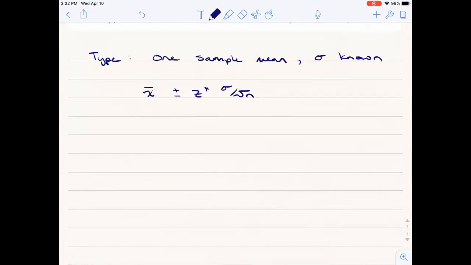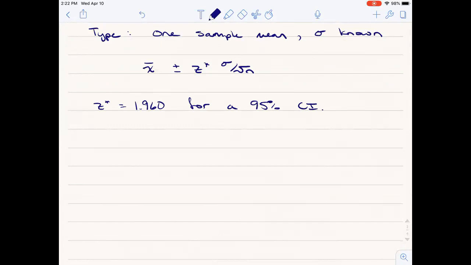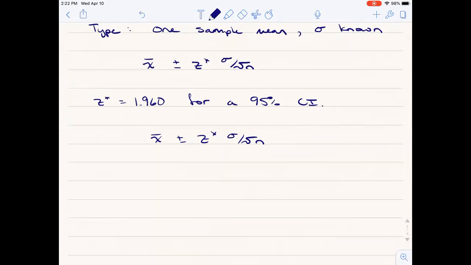And so Z star is 1.960 for a 95% confidence interval. So X bar plus minus Z star times sigma over root N. Now we can fill in these values.